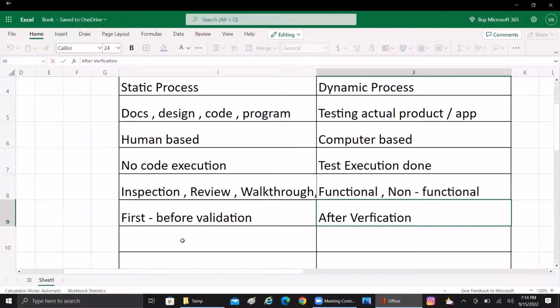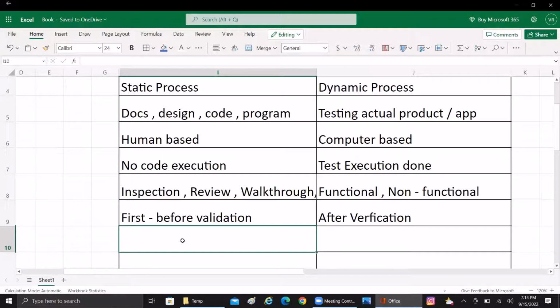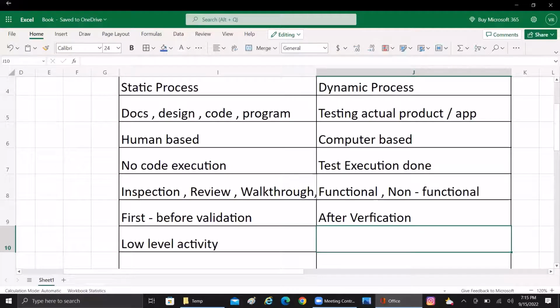Since verification is just a normal regular checkup exercise, it is a low level activity. Whereas validation, where the detailed testing happens on the actual application or the full final product, is a high level activity.